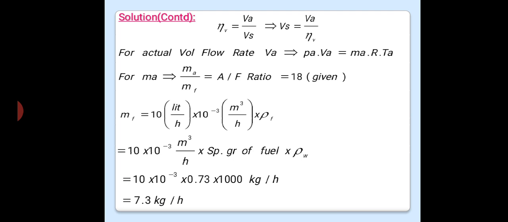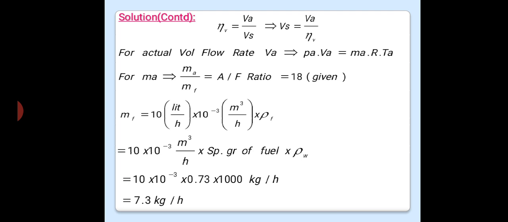So as they have mentioned, the atmospheric temperature Ta, atmospheric pressure Pa, universal gas constant R, we have to first calculate mass of air, and after calculating the mass of air we can easily calculate the volume of air.